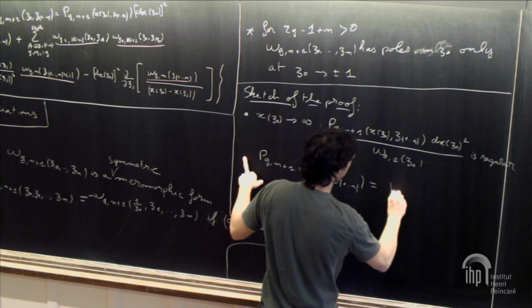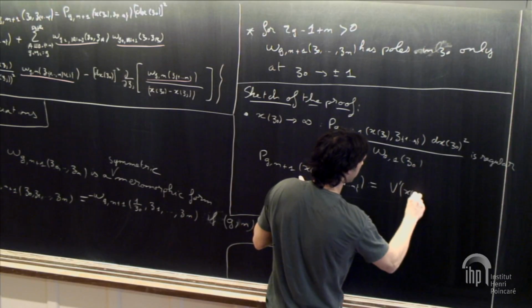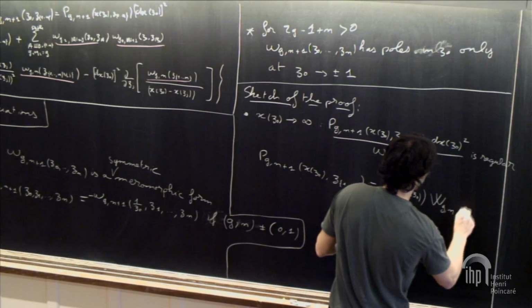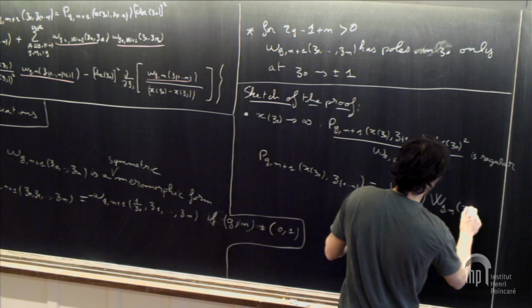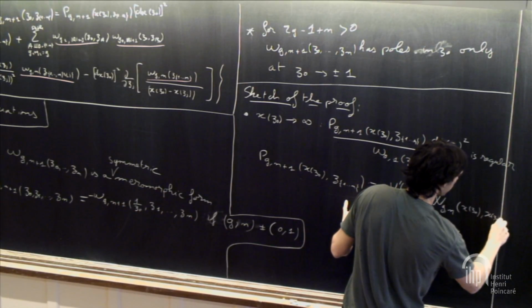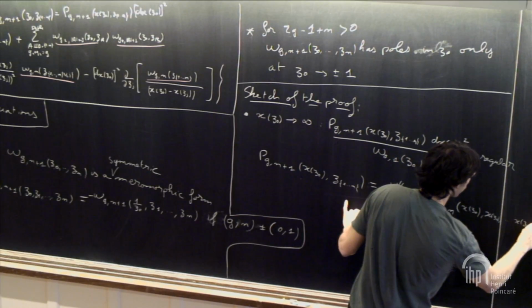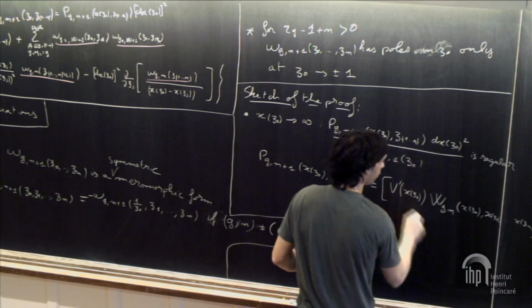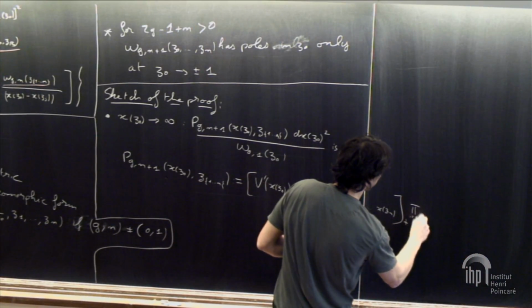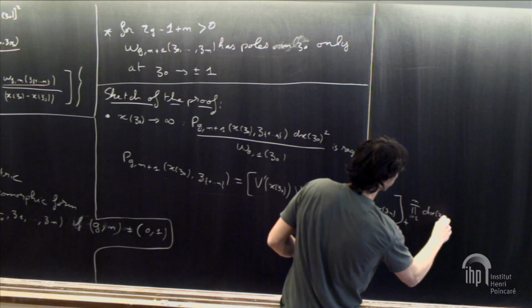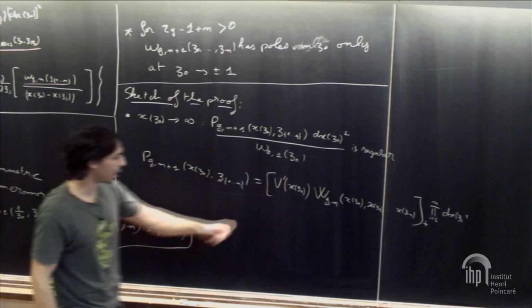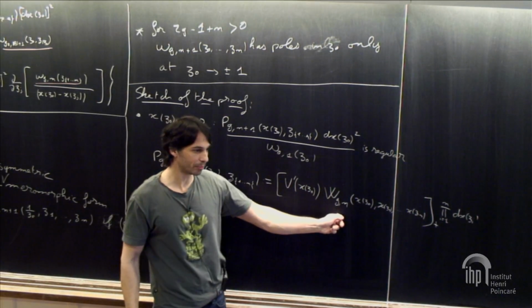was defined by taking V prime of x of z0 times W G,n of x of z0, x of z1 to x of zn, and taking the positive part and taking the product of the differentials dx of zi for i from 1 to n, this bounds the degree of this polynomial by the degree of V prime minus 1.